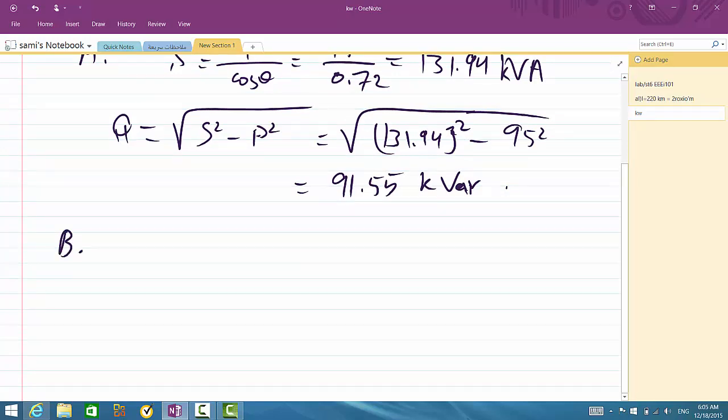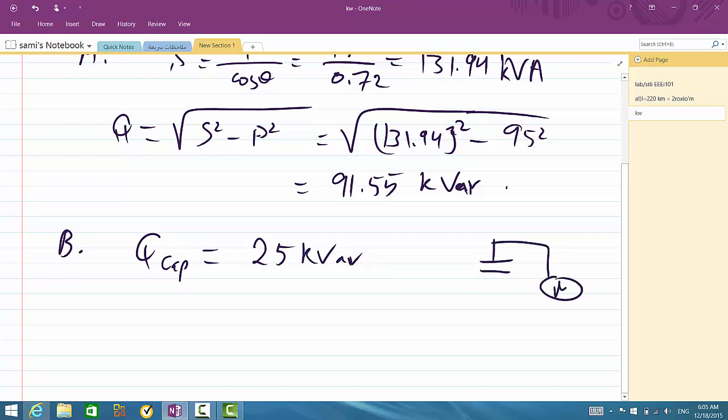Now in B, if a 25 kilovar three-phase capacitor bank is connected in parallel with the motor. So the Q of the capacitor is 25 kilovar, and it will be connected in parallel with the electric motor. What is the new value of P and Q supplied by the line? The active power will not change. It will be 95 kilowatt.